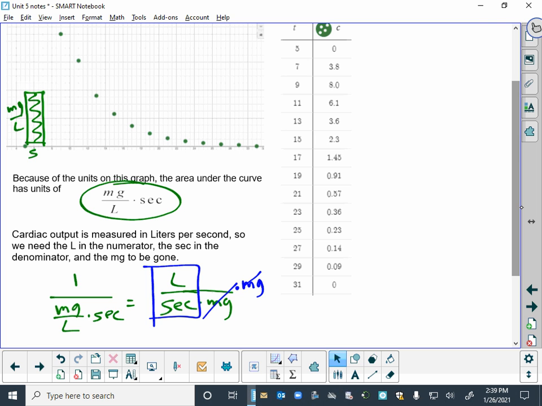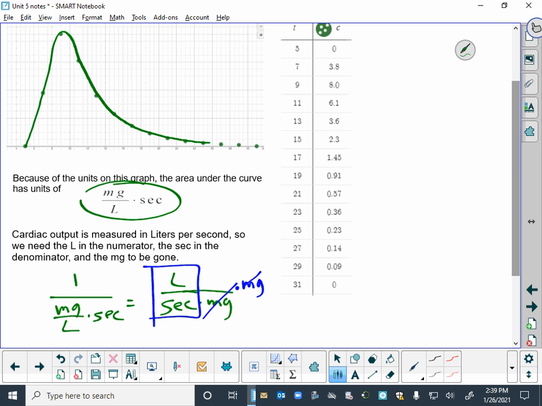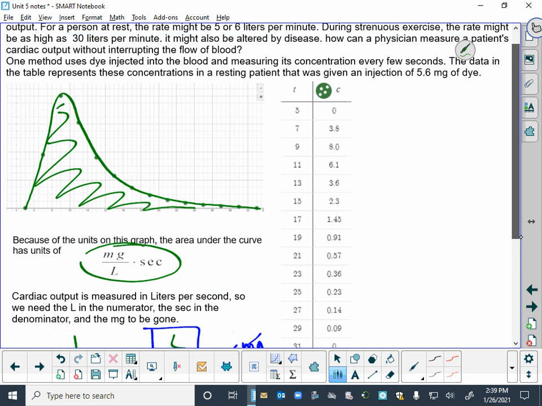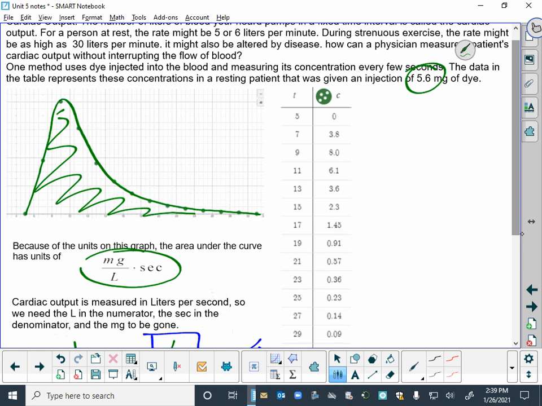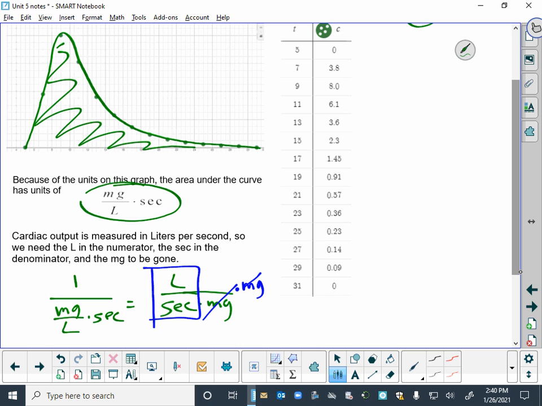And so if we figure out an approximation of what the area under this curve is, that looks maybe something like this, if we can figure out what this area is in here, and we know that we injected 5.6 milligrams of dye in the first place, then the 5.6 divided by this answer that we get there should give us the cardiac output.